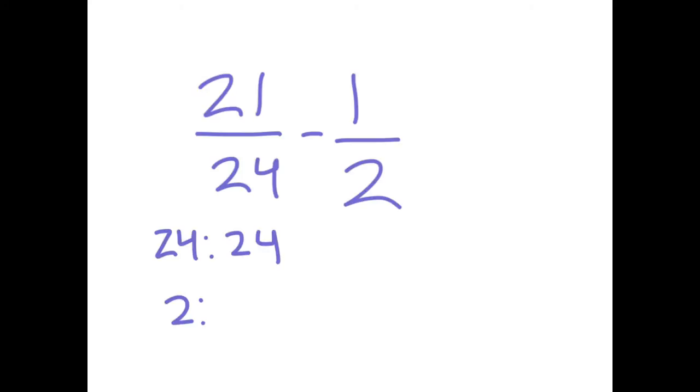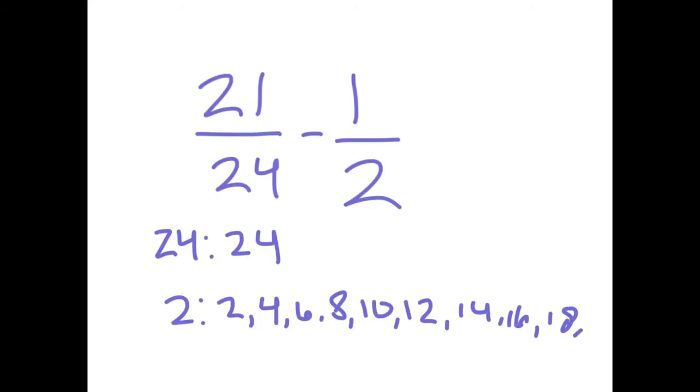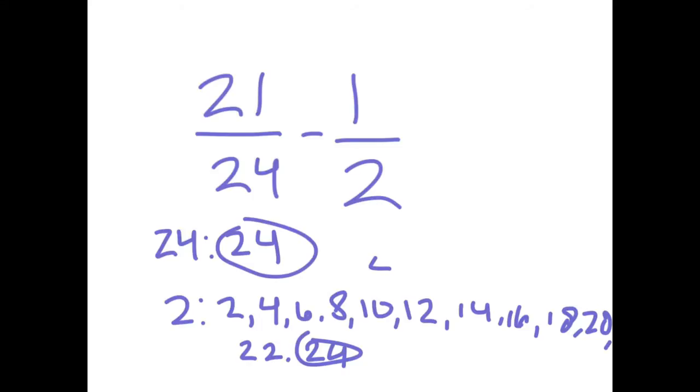And we know 2 can go into 24, so 2, 4, 6, 8, 10, 12, 14, 16, 18, 20, 22, 24. So our LCM is 24.